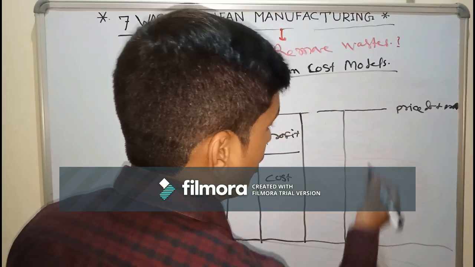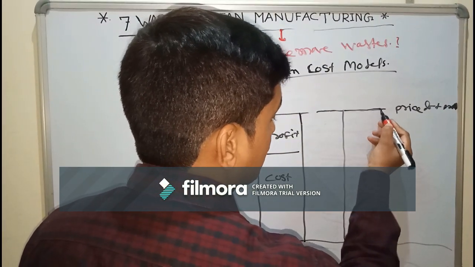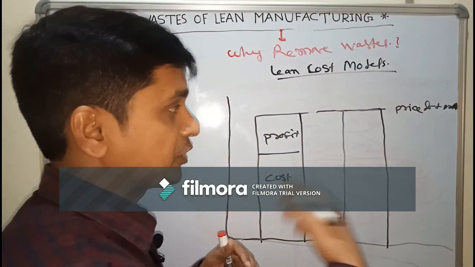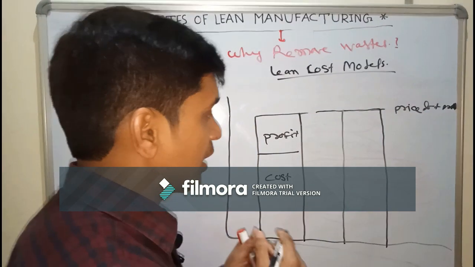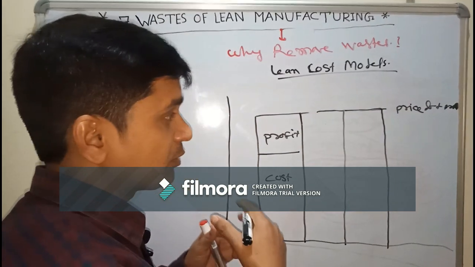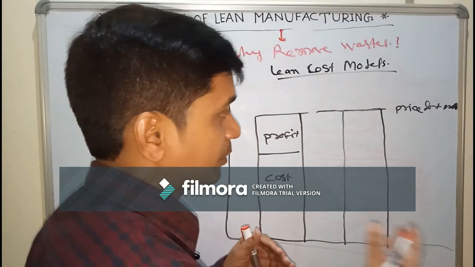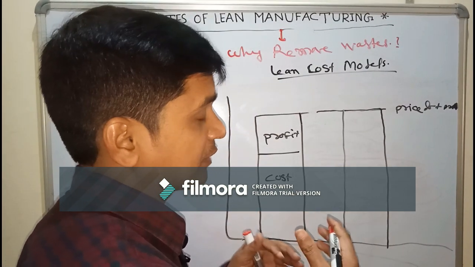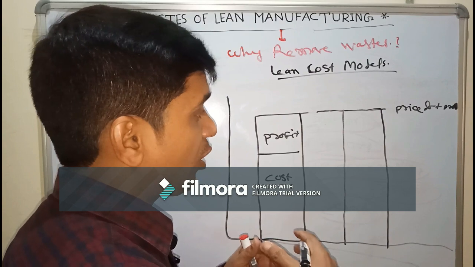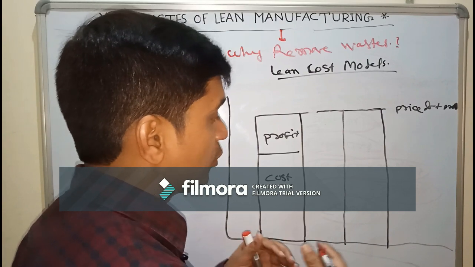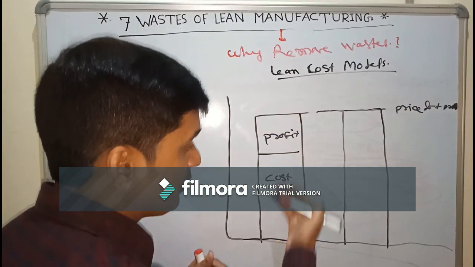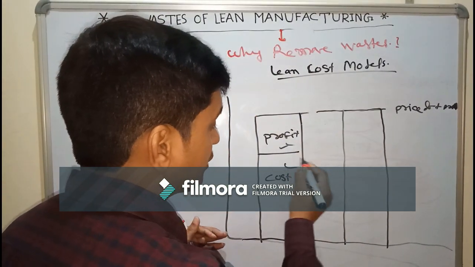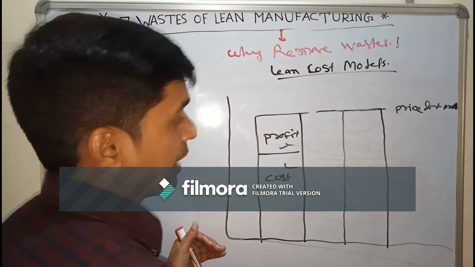Nowadays the customer always demands that the price never jumps, that your price is fixed. If the customer does not give an extra price for the product, then how do you optimize your cost? If your cost is optimized, your profit will increase. So for the old model, profit plus cost is equal to the price of the product.